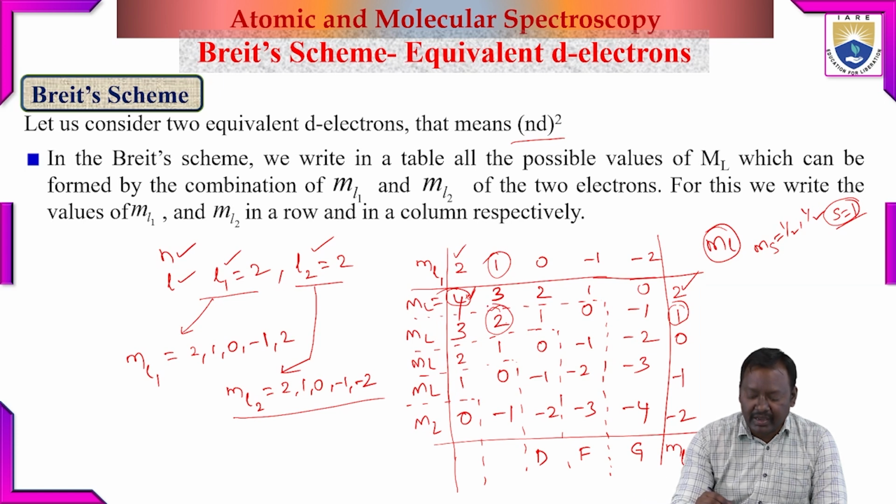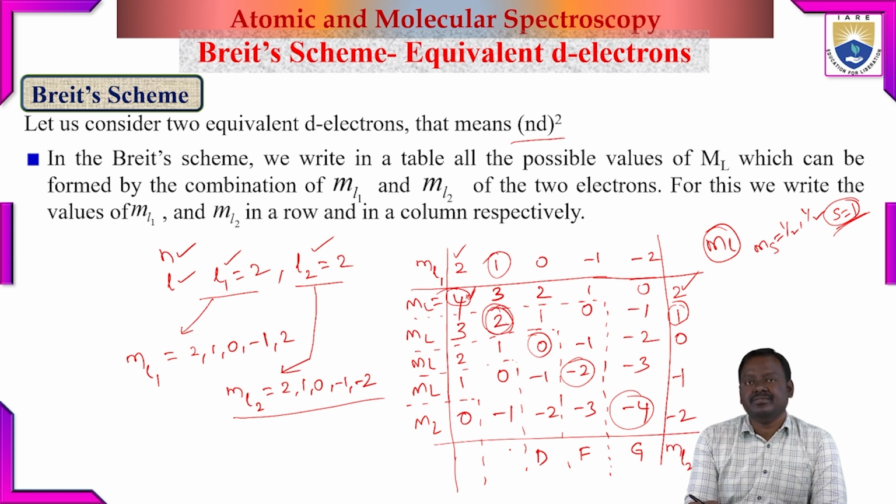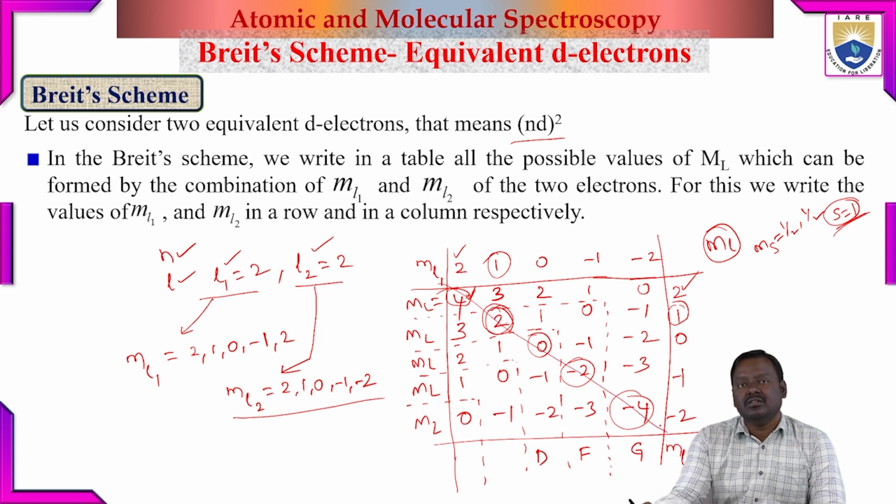So this value is also not possible for the electrons for which s equal to 1. And again, not only these two values, this value, minus 2, minus 4, all these values are not possible for the electrons which form s equal to 1.